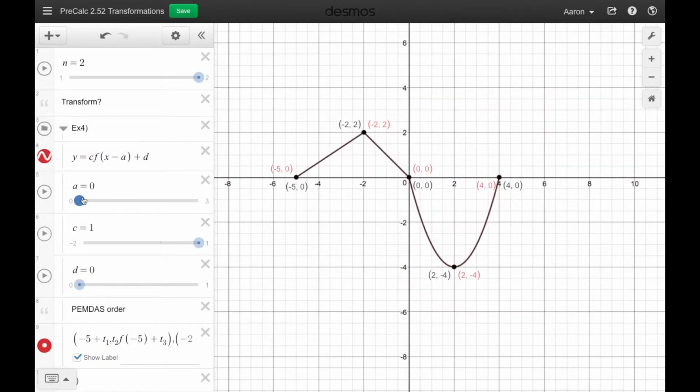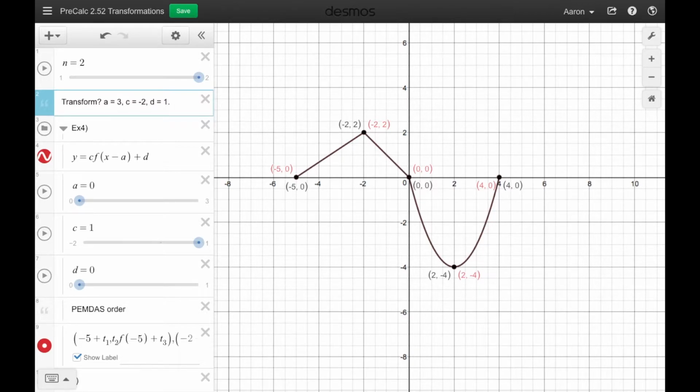All right, example 4 has 3 different numbers in it. I see a negative 2, a 3, and a 1. So the transformation, let's write that down. A is going to equal 3. Then we don't have a b value, but the c value is going to equal negative 2, and the d value is going to equal 1.